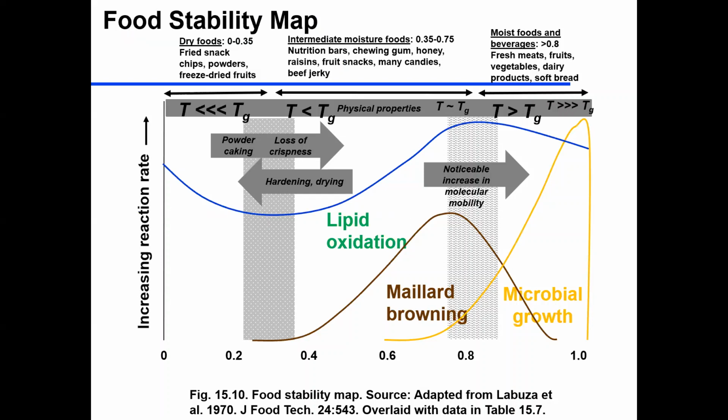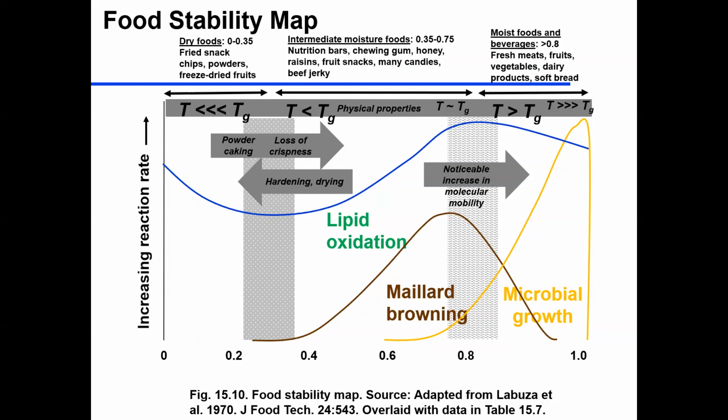I think it's actually something Ted Labuza published a while ago. It gives you an idea of the water activity of dry foods, which are mostly foods in the range of 0 to 0.35 water activity. And remember, water activity runs from 0 to 1. 1 is pure water, 0 is no water.